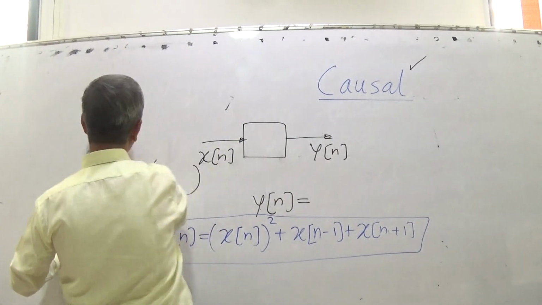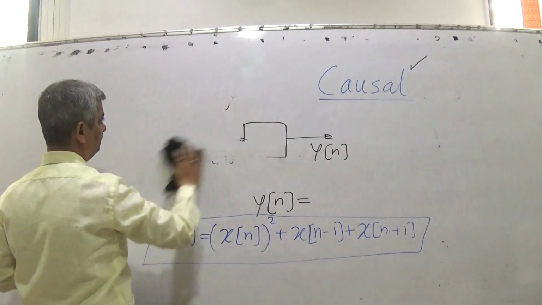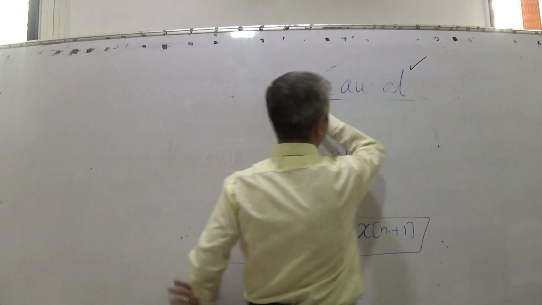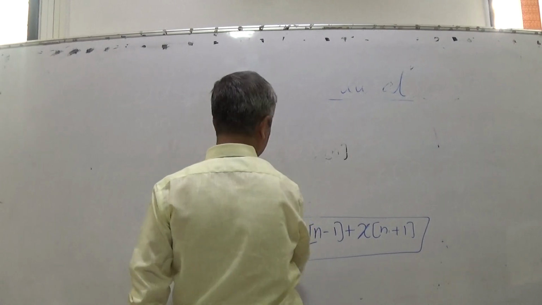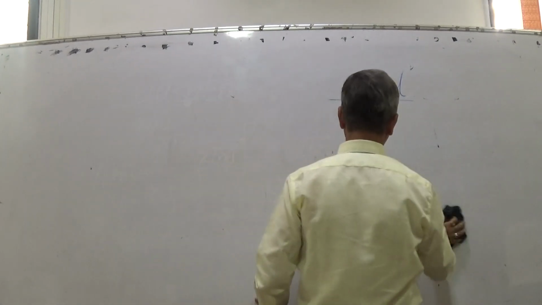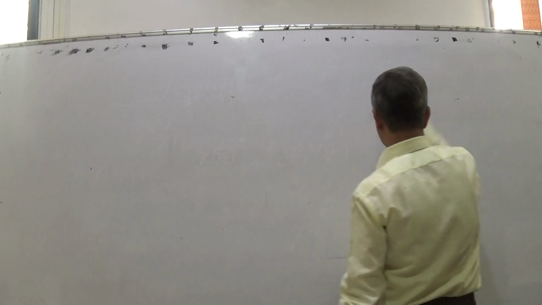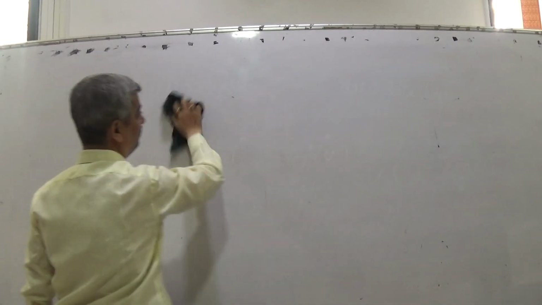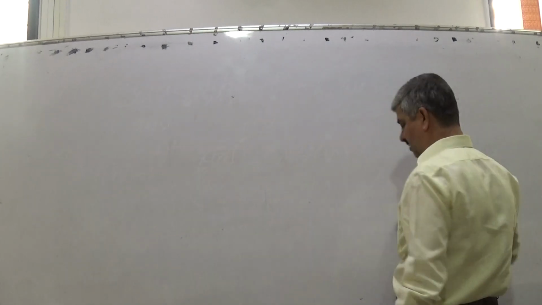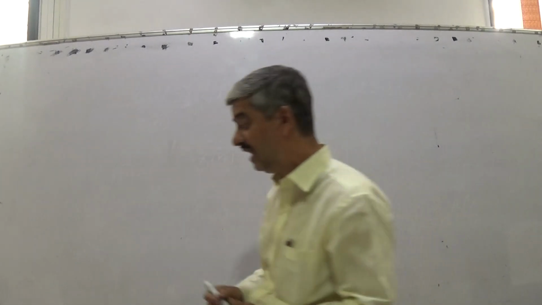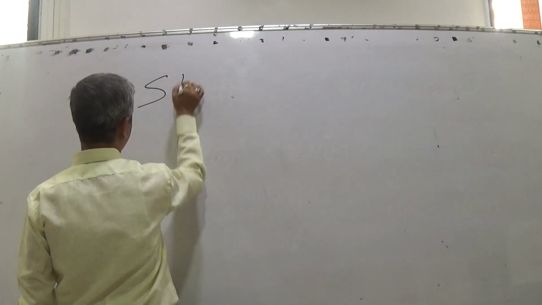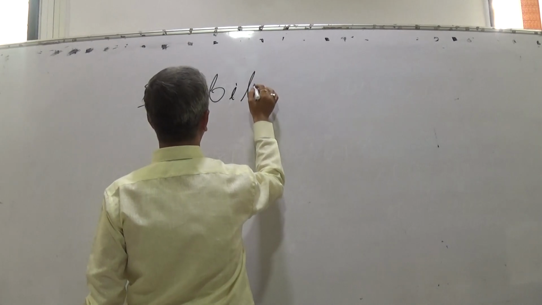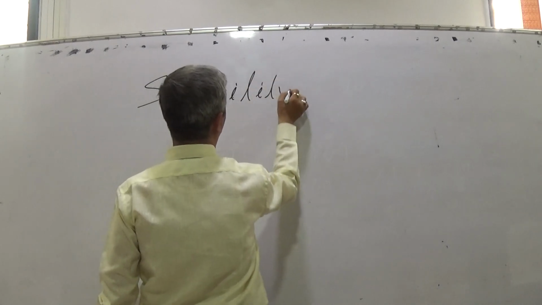So we discussed three important properties: linearity, time invariance, and causality. After these, the most important property we are going to discuss now is stability. Stability is a very important property, and we need to elaborate on it in detail.